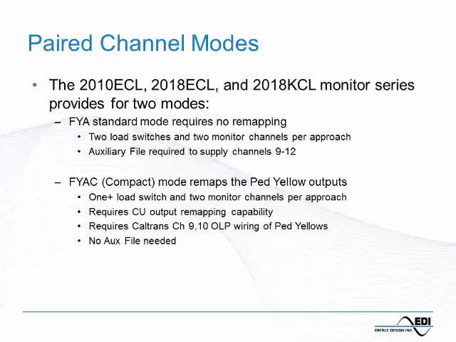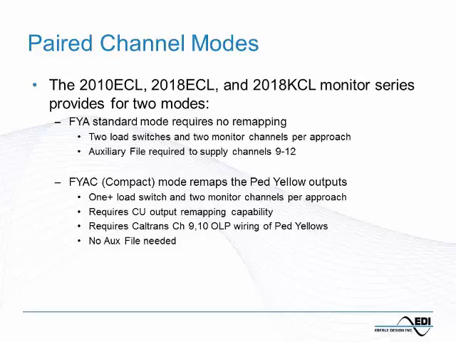We're going to pair up 2 channels, but basically in these 3 products, the conflict monitors for 33X or 332 style cabinet, we provide 2 basic modes for configuring flashing yellow arrow. The first mode, we just call it the FYA standard mode. It's fairly straightforward, but it does require an aux file to be installed in the cabinet.